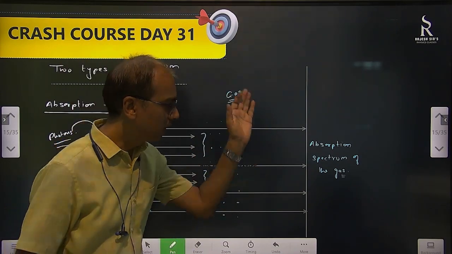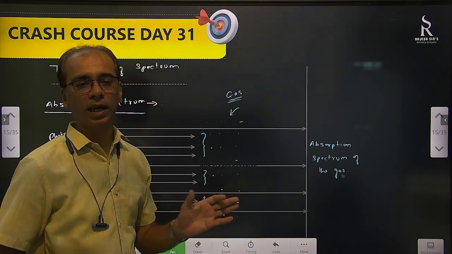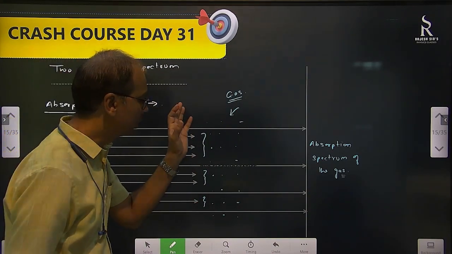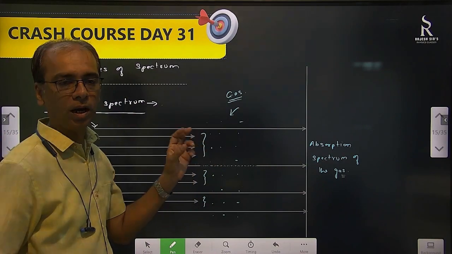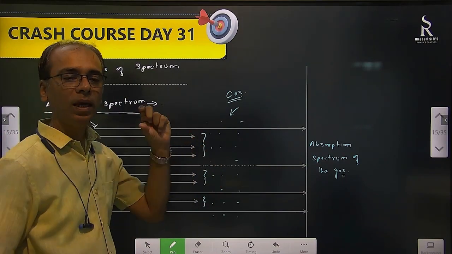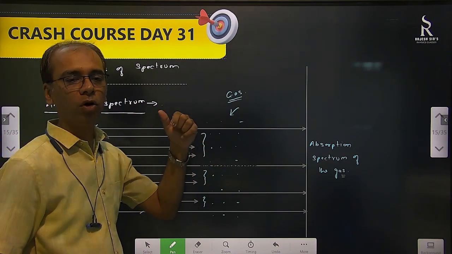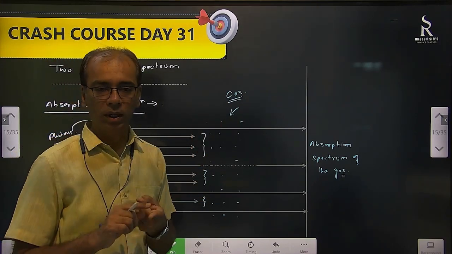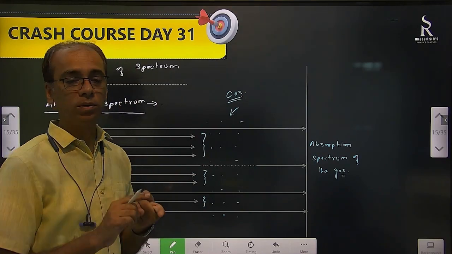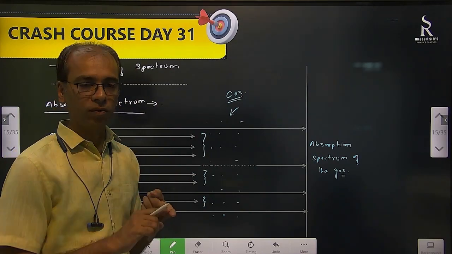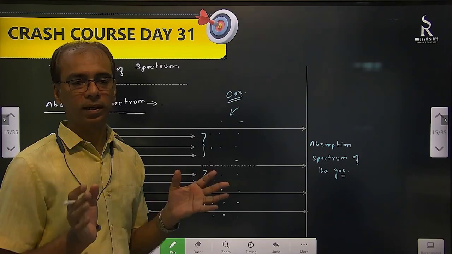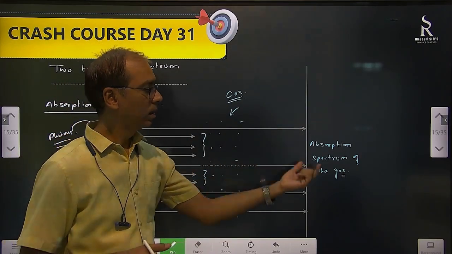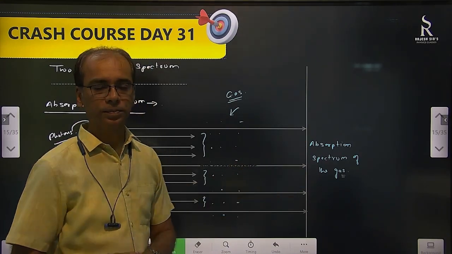So we are not going to get the same absorption spectrum for any atom or gas. Clear? It will absorb only those photons which fall into the energy gap of two orbits of the atom. The energy gap can be for n equal to 1 to n equal to 2, n equal to 1 to n equal to 3, n equal to 1 to n equal to 4, n equal to 1 to n equal to 5, like that. Those are the only ones it is going to absorb, so it will be characteristic of that particular gas.